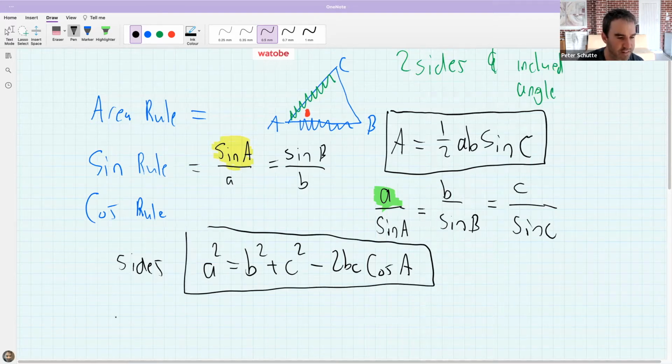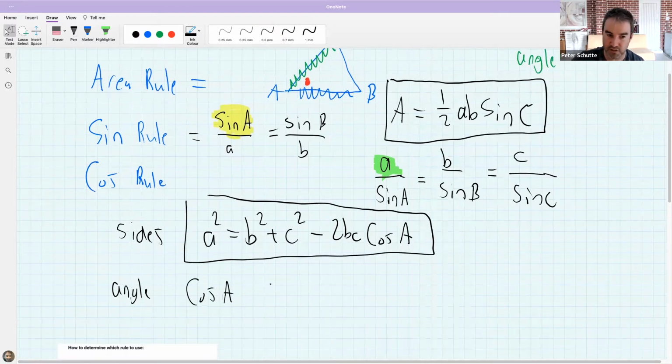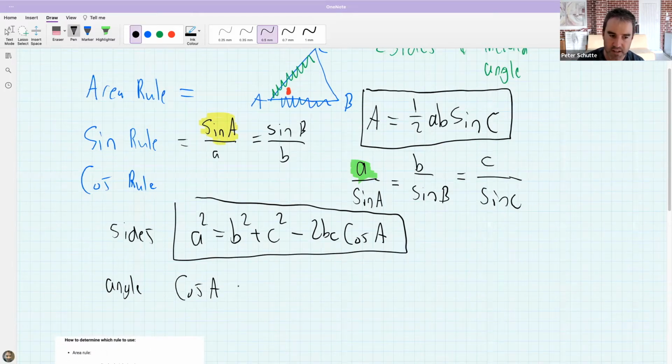If we were finding an angle using the cos rule, we'd start by writing it with the angle all by itself. If this is your first lesson, I don't want you to stress about this. I'm just going over the things that we've done in the previous lessons. You'll see me do it slowly when I start the questions.